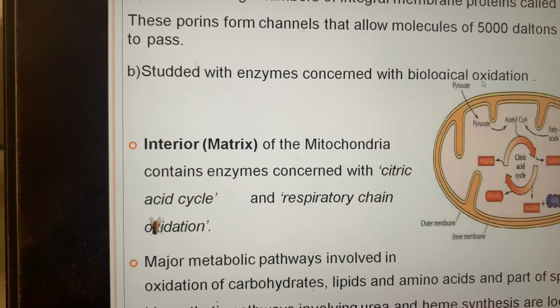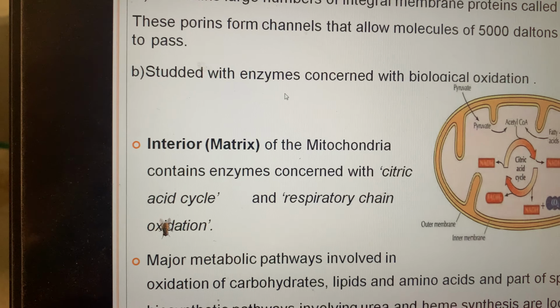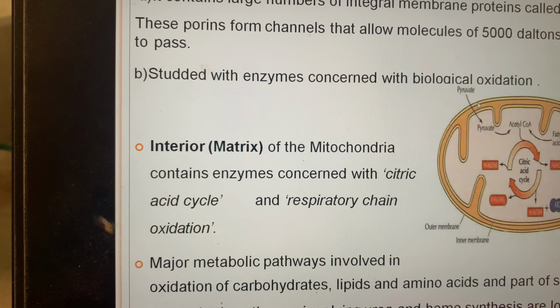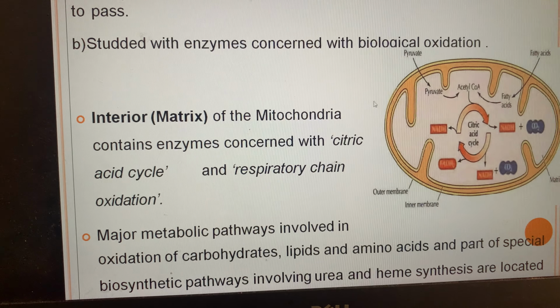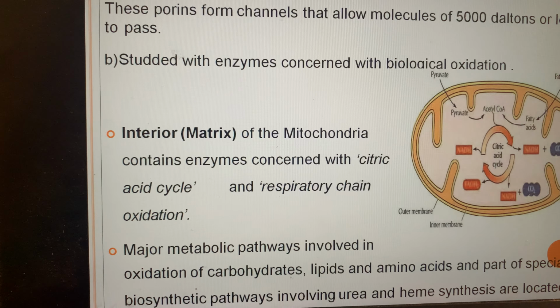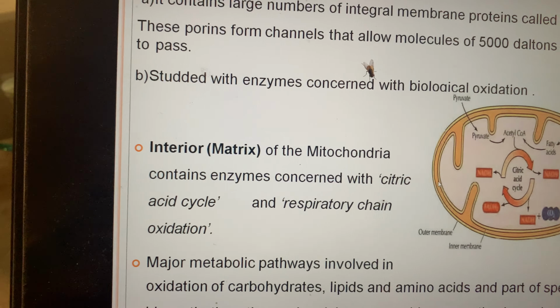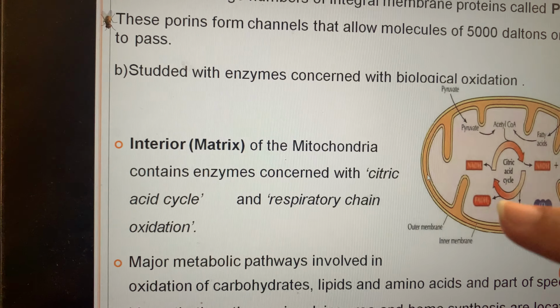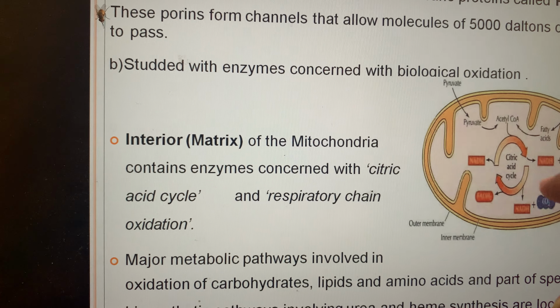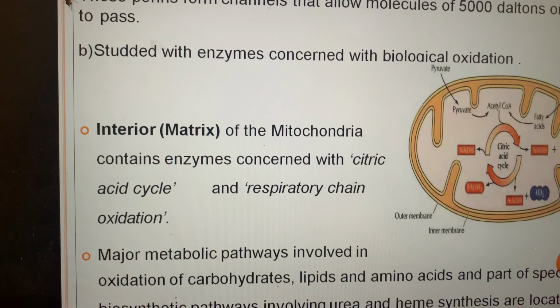The outer membrane has enzymes concerned with biological oxidation. They help biological oxidation. The respiratory process is all happening inside the mitochondria.